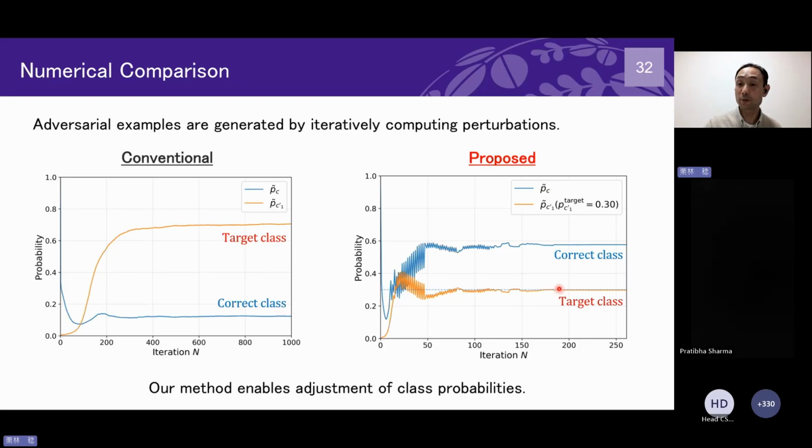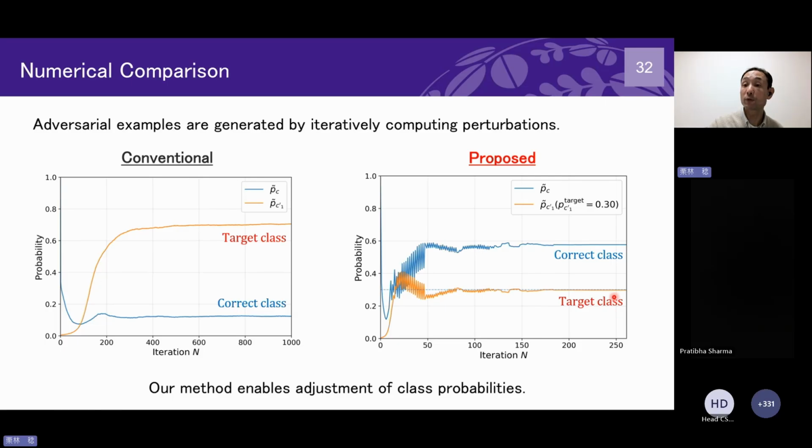But in the case of the proposed method, the correct class probability is still dominant, the top one class with higher probability, but the target class becomes higher. So in this case, the probability of the target class is controlled by giving the restriction 0.3. So by some iterations, we can control the output of the target class.